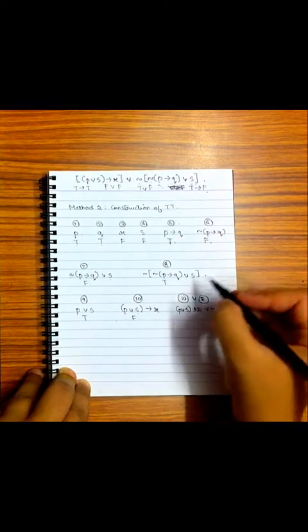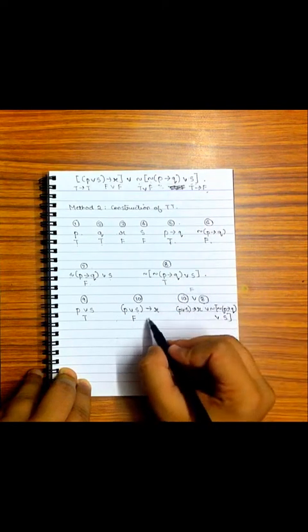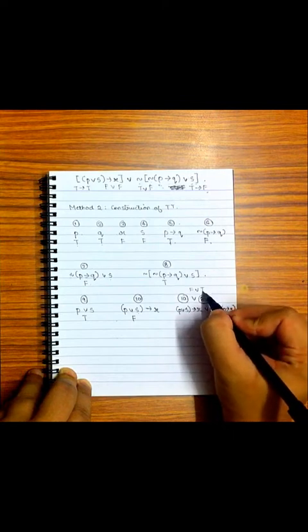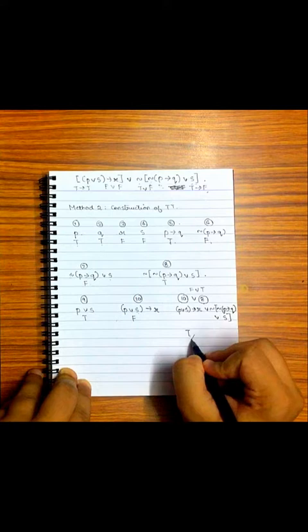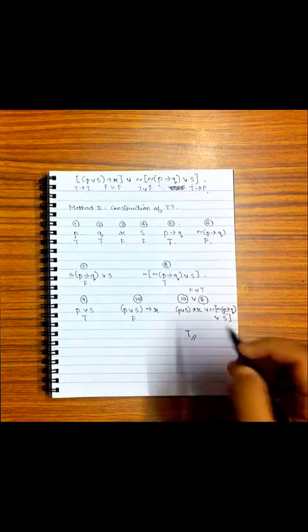So what will this be? 10 or 8. What is 10? It is F. This is or. And what is 8? This is true. So what is F or T? It is T. So by one method or another, without construction of the truth table or with construction of the truth table, the final answer is true.